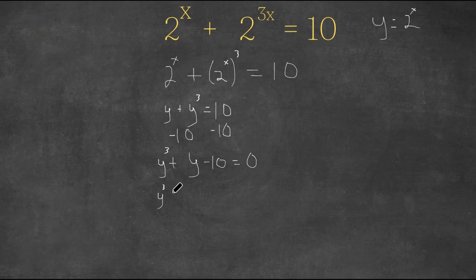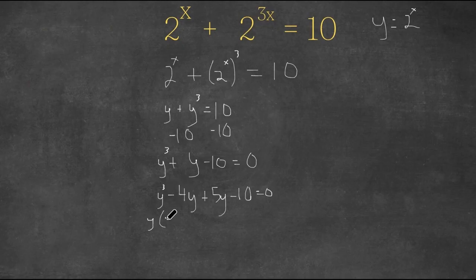So now, to factor this, we're going to rewrite this y as y cubed minus 4y plus 5y. We're going to rewrite the y as minus 4y plus 5y, and we still have the minus 10 here, and this equals 0. Now, from y to the power of 3 minus 4y, we're going to factor out y.